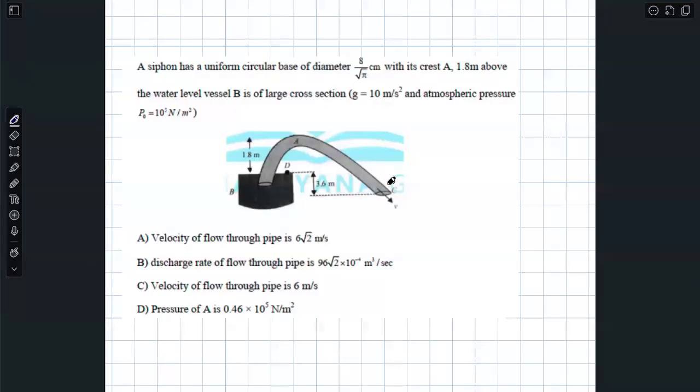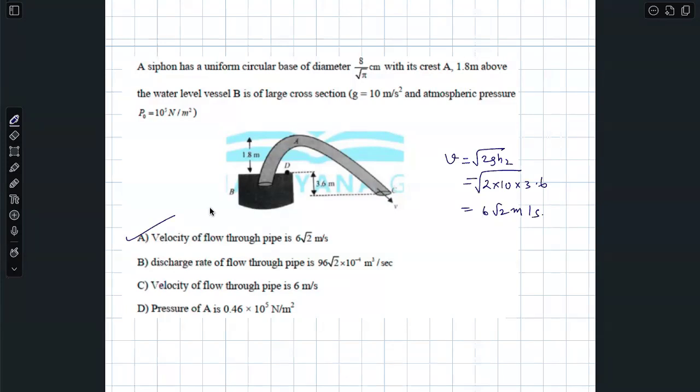Make it fast. Very simple. Velocity of the flow through the pipe V is root 2 g H2, root 2 into 10 into 3.6. This will become 36 twos, 6 root 2 meter per second.